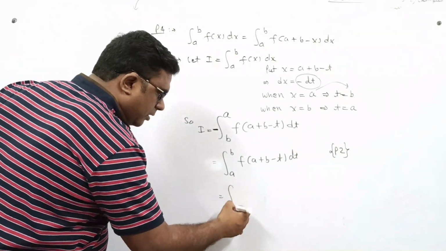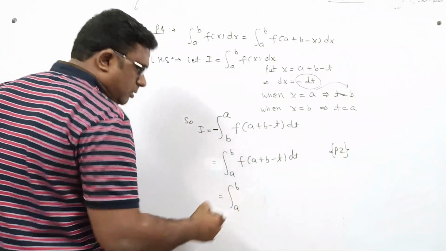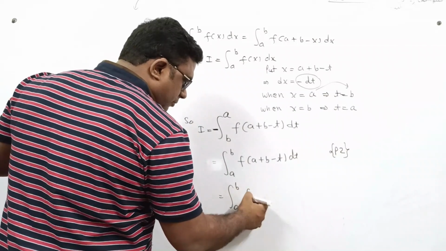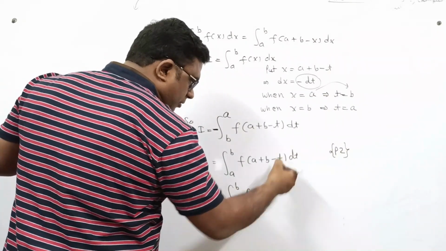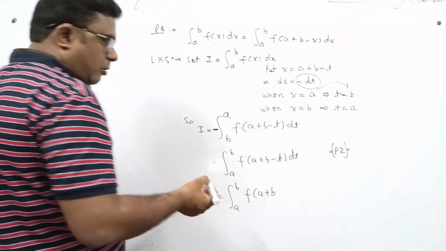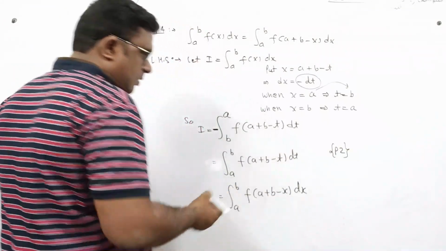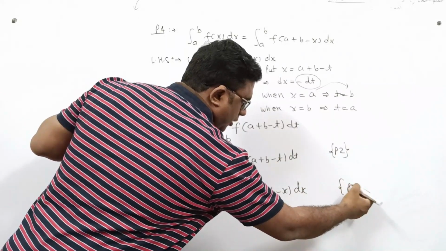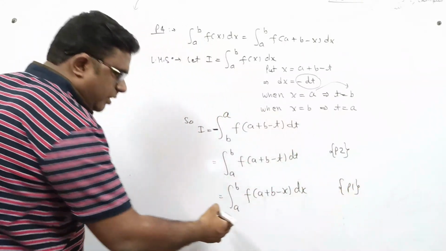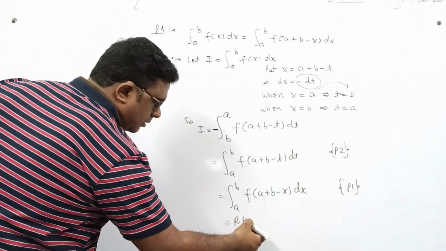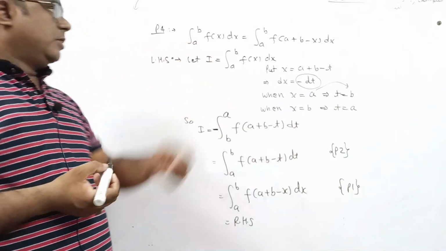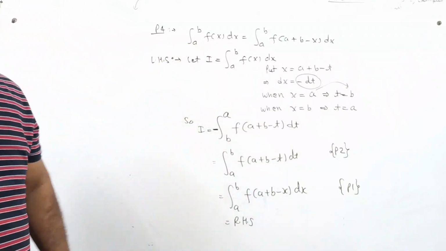In property number 1, we don't do any change except change in variable. So here variable is t. I will change this variable according to my requirement. I am changing it to x. So this is application of property number 1. And in this way, we have obtained the right hand side of property number 4. So this property is proved.